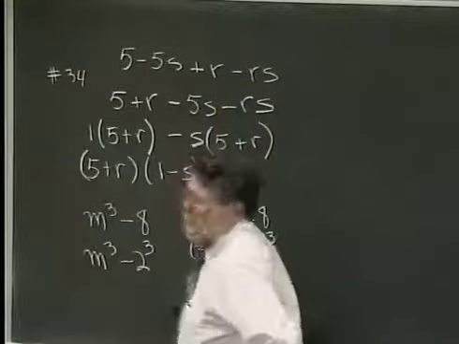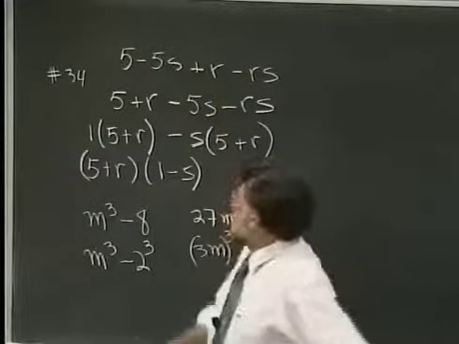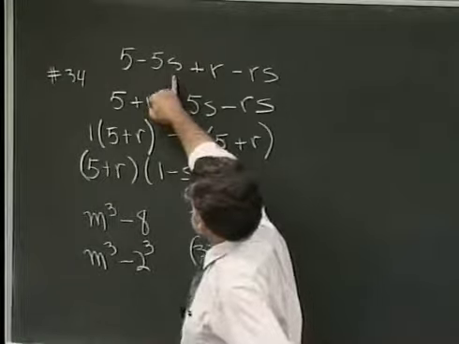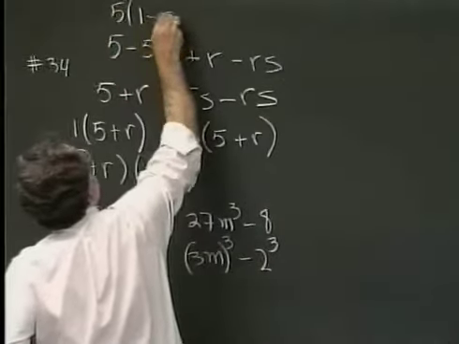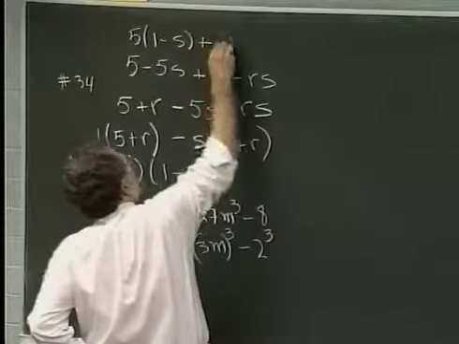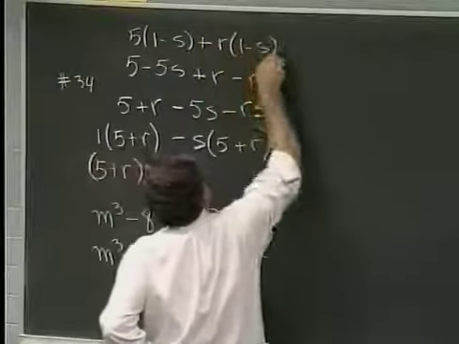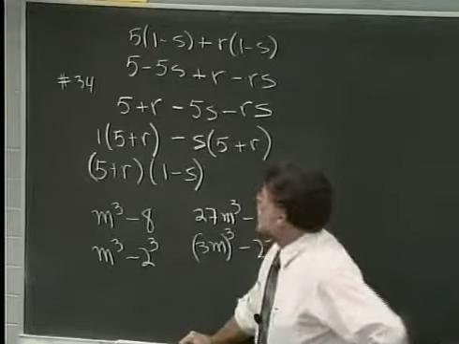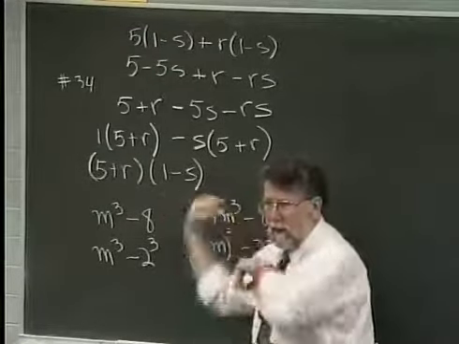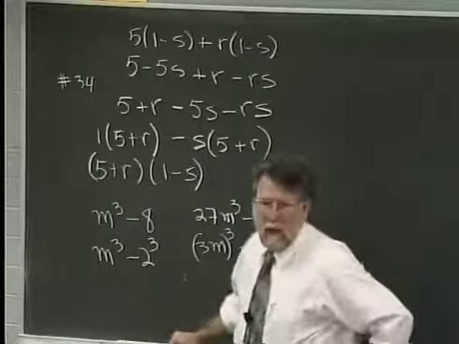That's what I saw first before. And that's fine. Then you're going to go ahead and pull the 5 out from here. So if I do that, I have 5 times 1 minus s plus the r times 1 minus s. Now your 1 minus s is the common, and it's just going to be this same product here, but in a reverse form. Right. Two ways of doing it.